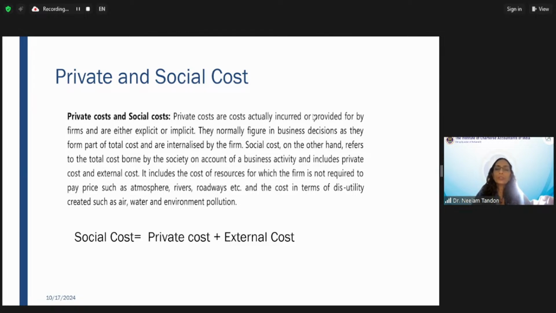What is social cost? Social cost is something, it's the cost which is passed on. So I'm a firm. I'm producing coal. Okay, and this firm is established close to the river.